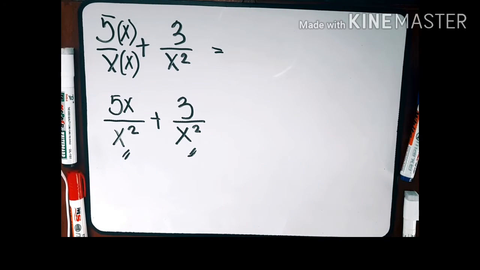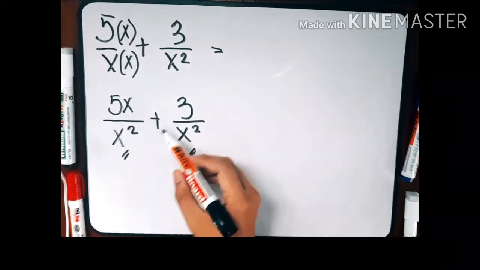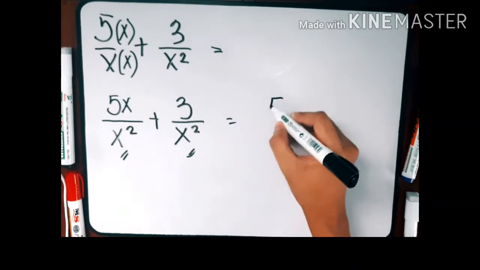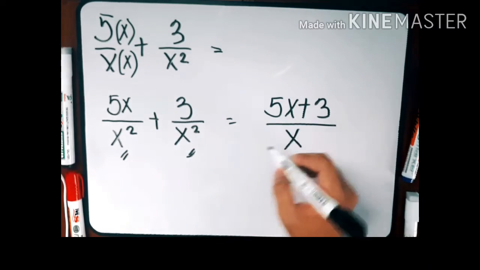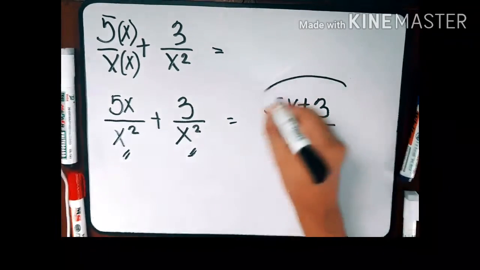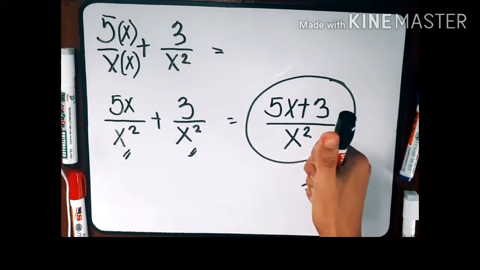Ngayon, pwede na natin silang isulat as a single fraction. So, 5x plus 3 over x squared. Ito na yung final answer. Okay?